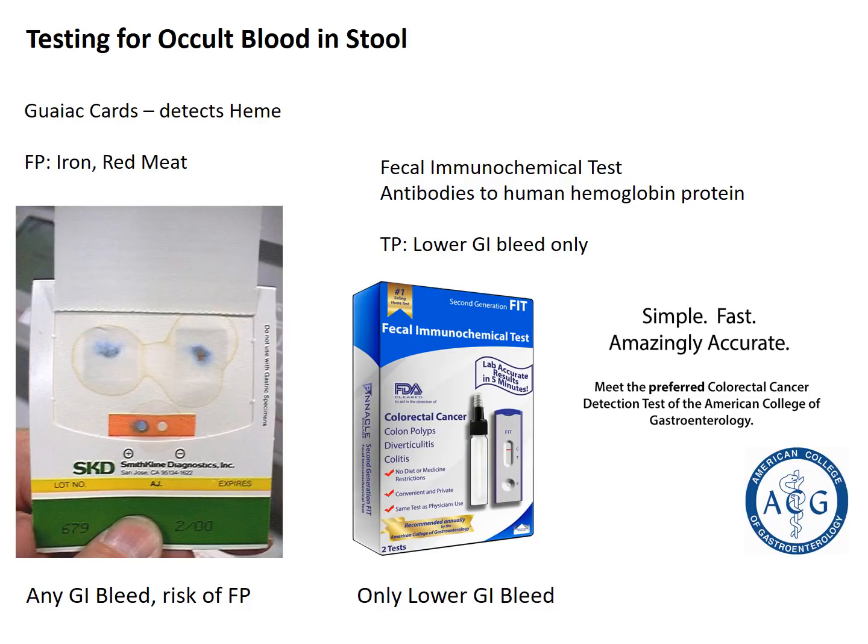And currently, now I don't do internal medicine as part of my practice, but as I understand it, the American College of Gastroenterology is suggesting that the better office test for GI bleeding due to colon cancer is the fecal immunochemical test.